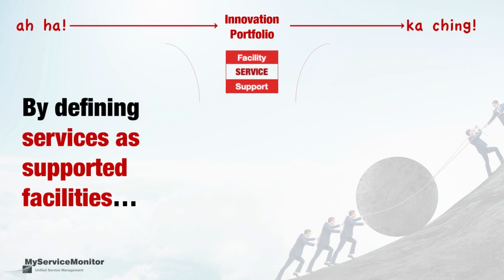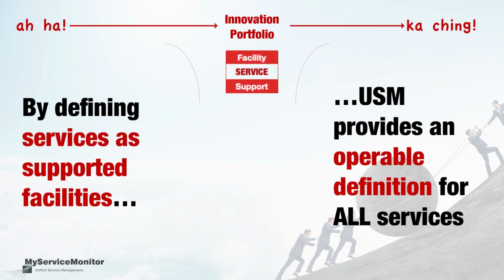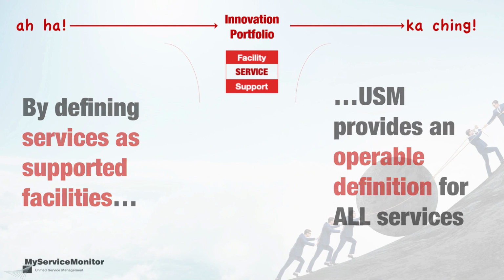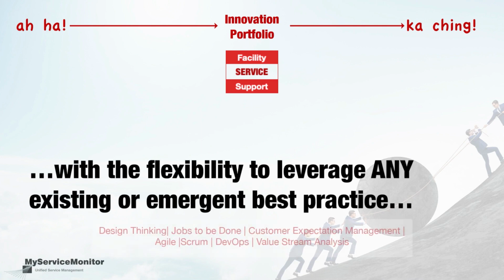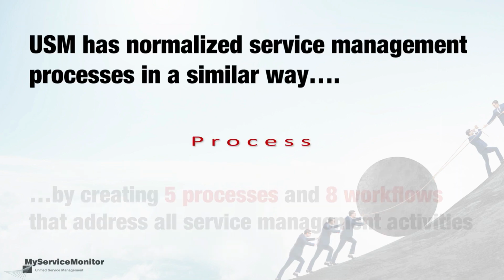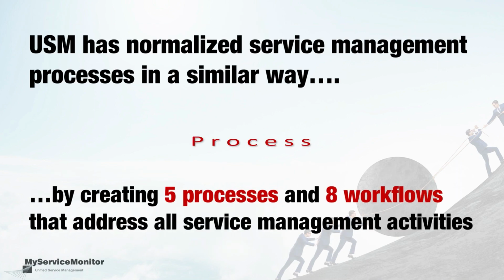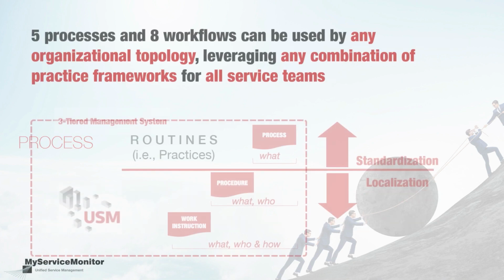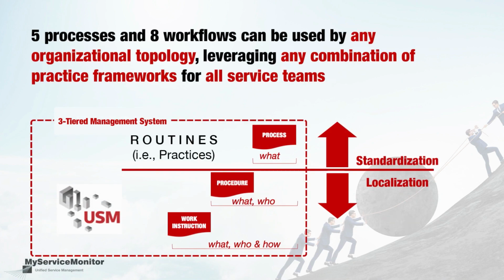By defining services as supported facilities, USM gives us an operable definition for all services. And we've normalized service management by identifying 5 non-redundant processes and 8 workflows, which can be used by any team using any practice framework they want.